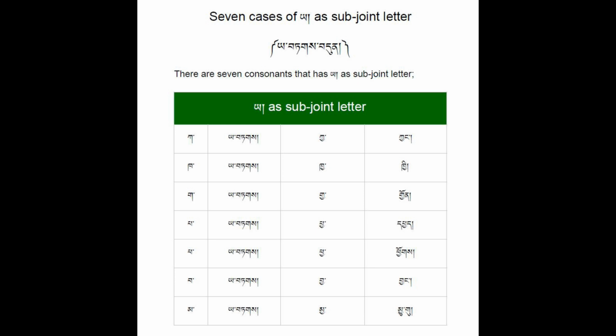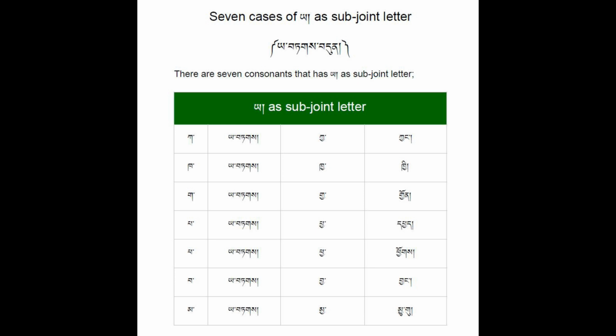There are only seven consonants which have ya as the subjoined letter, and these seven are ka, kha, ga, pa, pha, ba, ma.